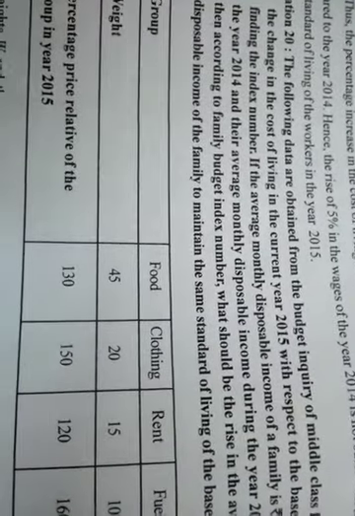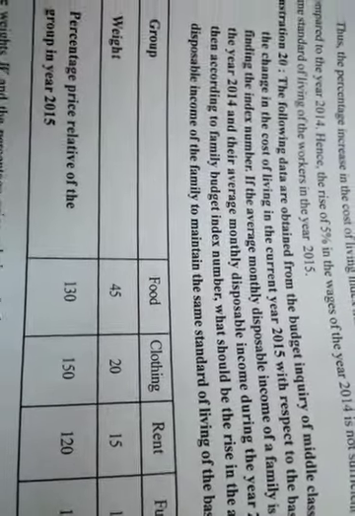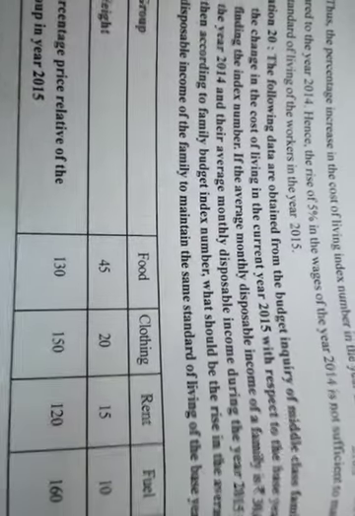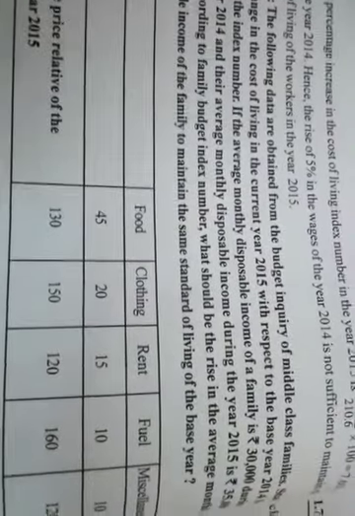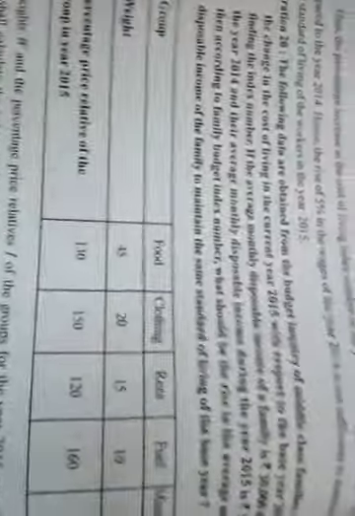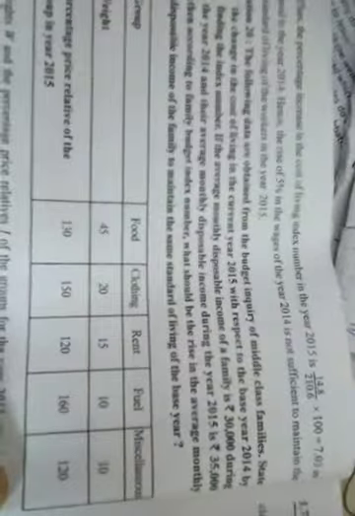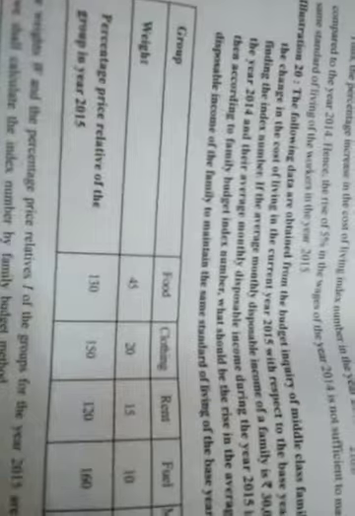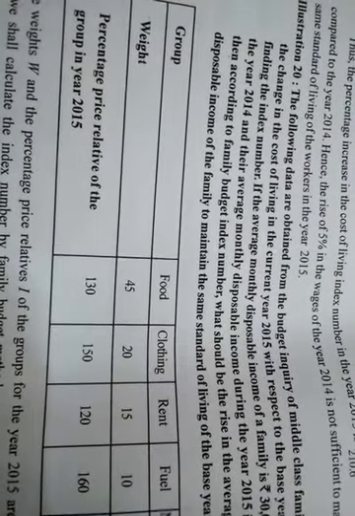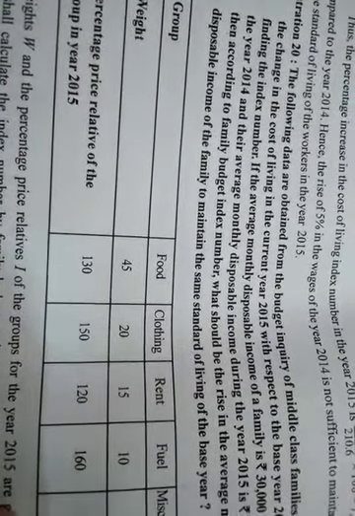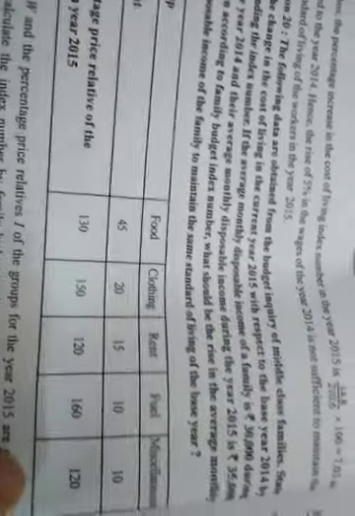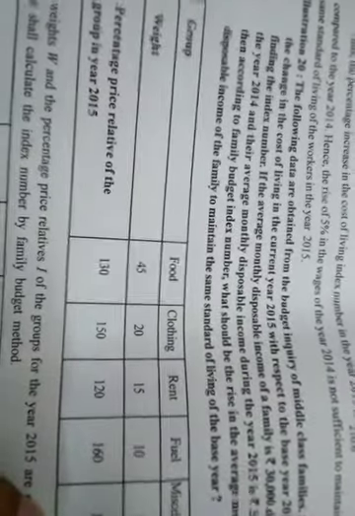Now one more illustration, which is the last one. The following data are obtained from the budget inquiry of middle class families. State the change in the cost of living in the current year 2015 with respect to the base year 2014 by finding the index number.